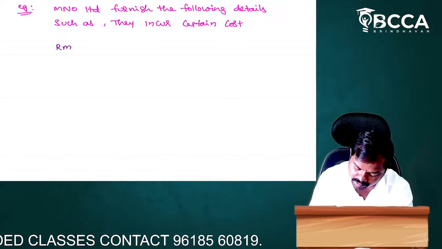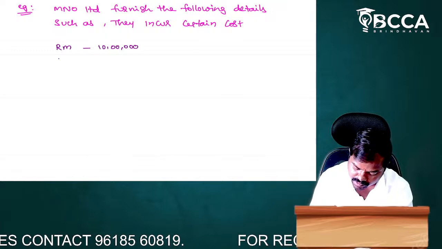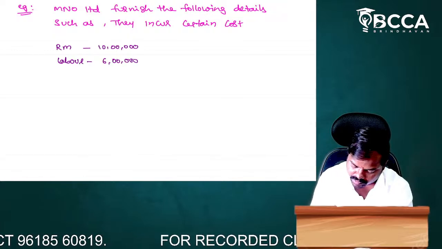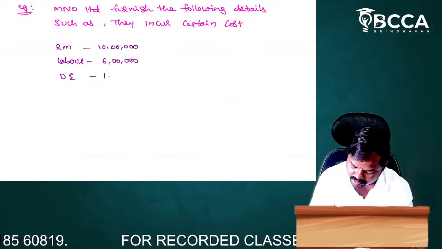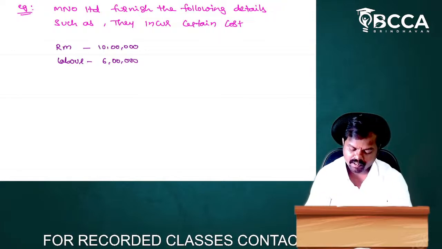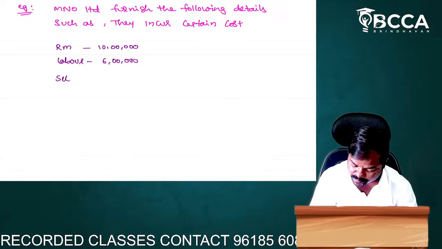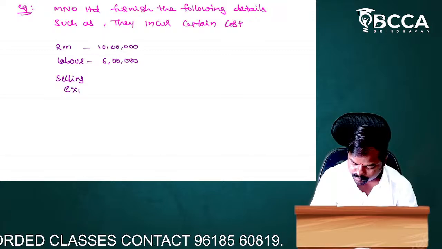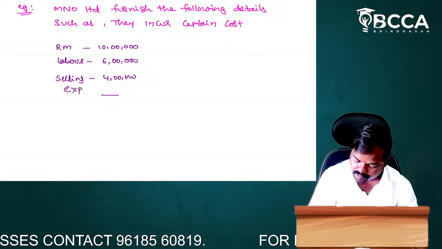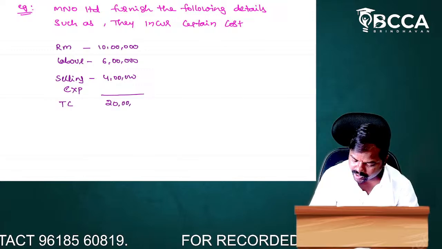Raw material 10 lakhs. Labor 6 lakhs. Selling expense 4 lakhs. Total cost is equal to 20 lakhs.